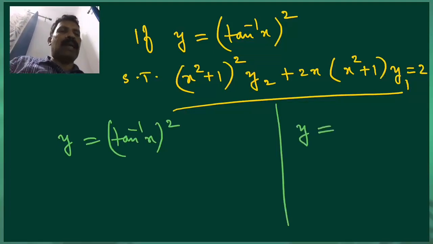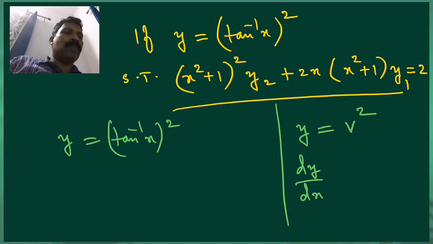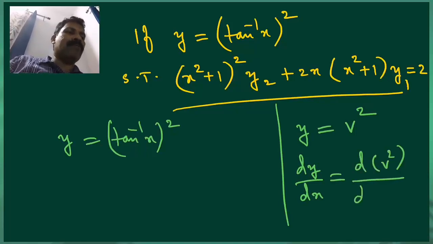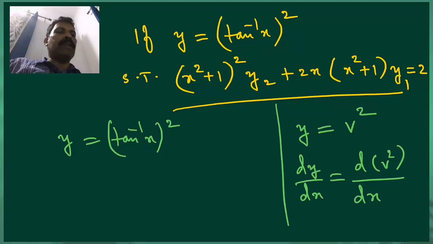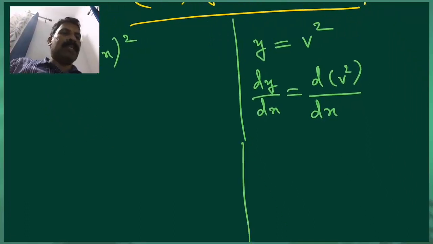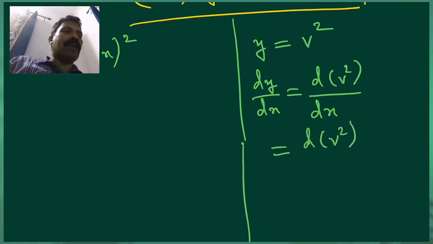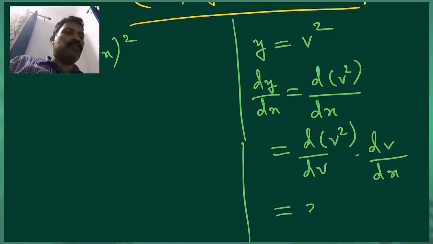We will substitute tan inverse x as v, then this is v square. So we want dy by dx, that is the derivative of v square with respect to x. I told you variable mismatching problem is there, so we have to address it. So that is d of v square with respect to v, then dv by dx, that is equal to 2v into dv by dx.